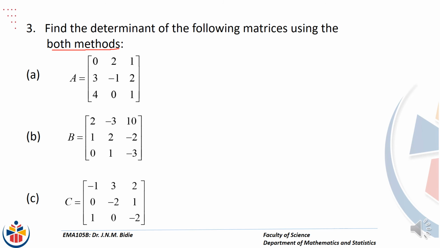So you duplicate 0, 3, 4 and 2, minus 1, 0. And then you formulate those 3 diagonals going down and those 3 diagonals going up, adding the products that go down and subtracting all the products that are going up. See if you're going to get the same answers.